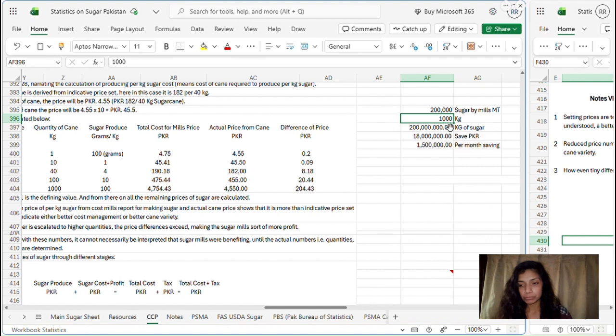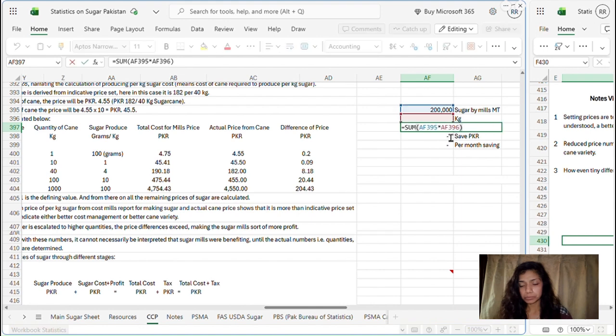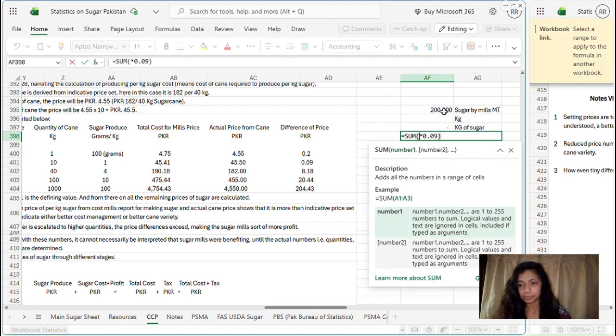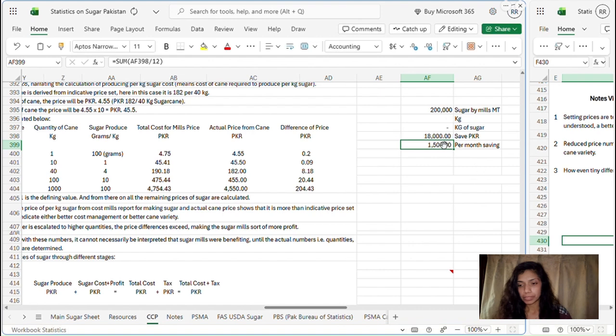So we reduce it here and pick this one here, and they would be saving 18,000 annually if it is just 200,000 kgs of cane, and the per month saving would be 1,500.